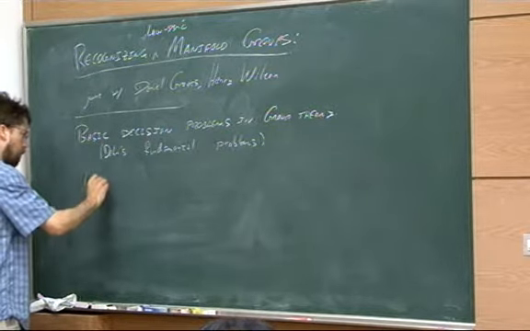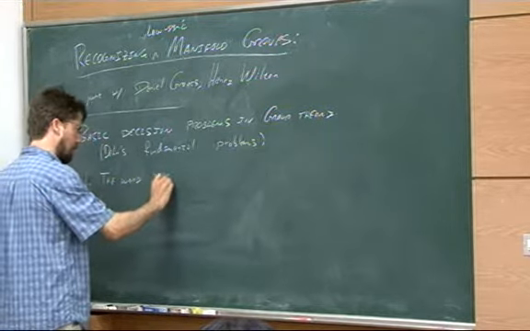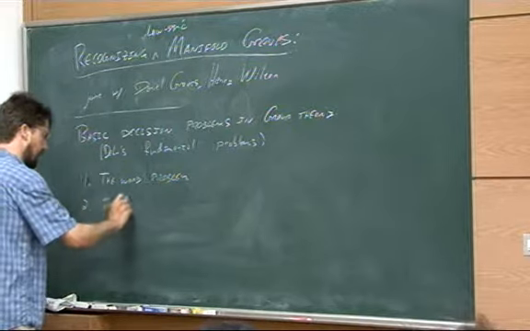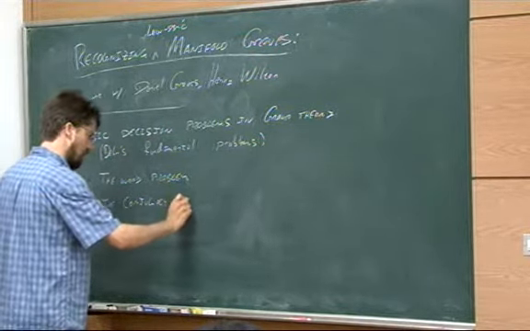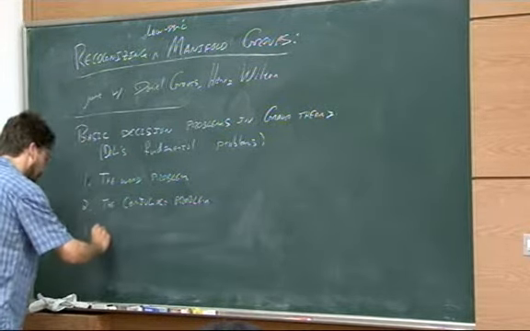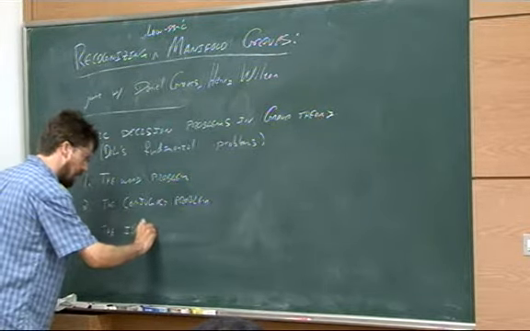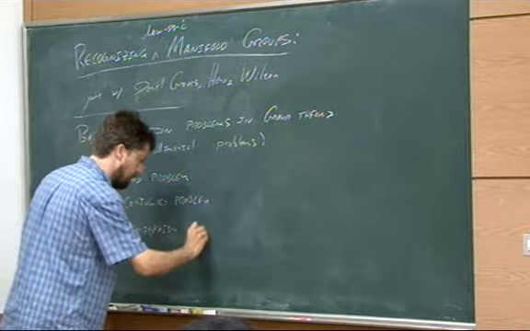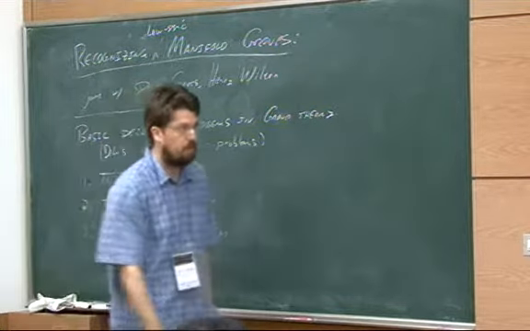So there's something called the word problem, the conjugacy problem, and the isomorphism problem. These came up in Dehn's work because he was trying to use the fundamental group to understand low-dimensional manifolds.